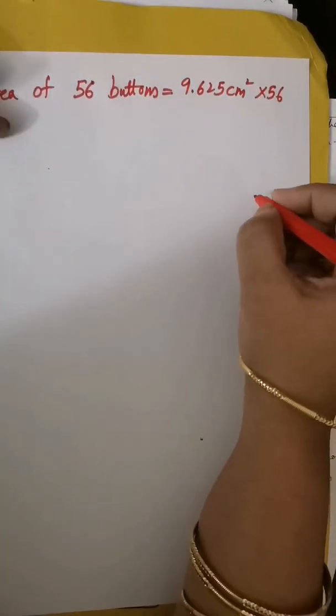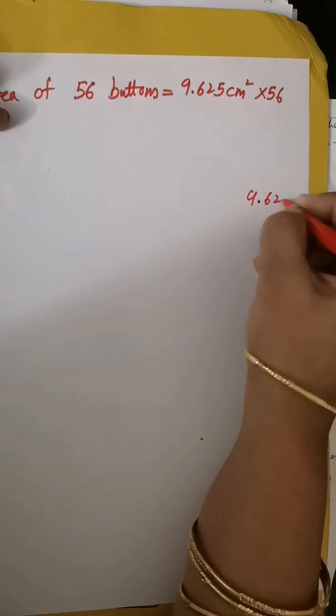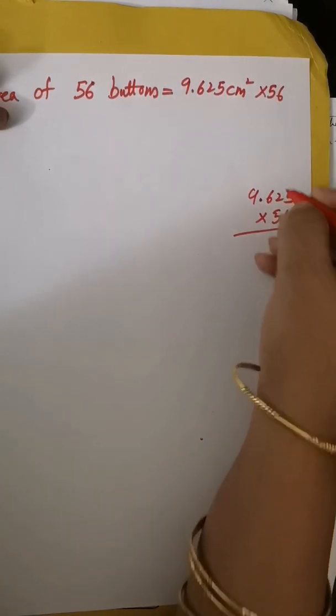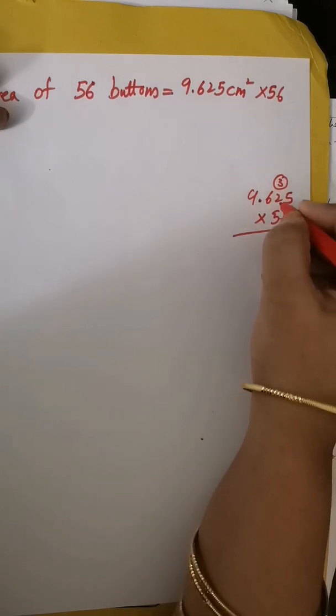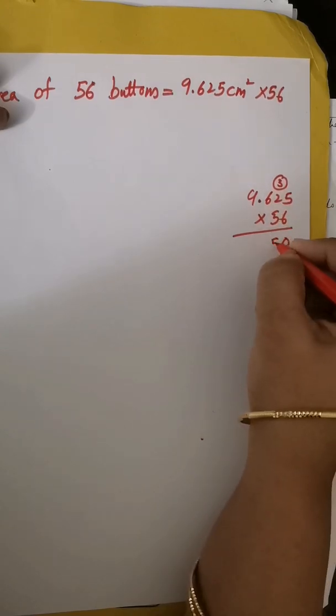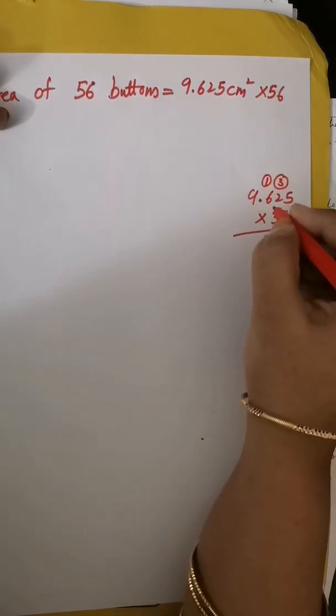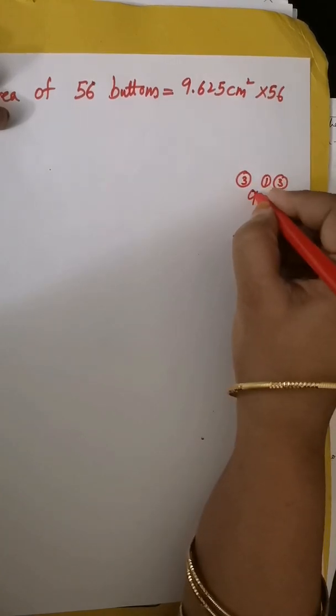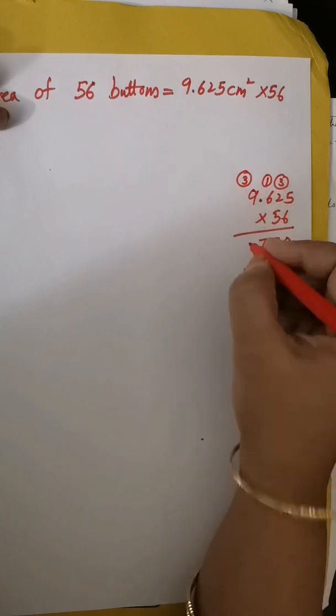Again you have to multiply. 9.625 into 56. 6 5s are 30, 6 2s are 12, 15, 6 6s are 36, 37, 6 9s are 54, 55, 56, 57.